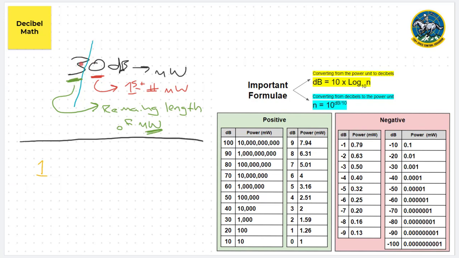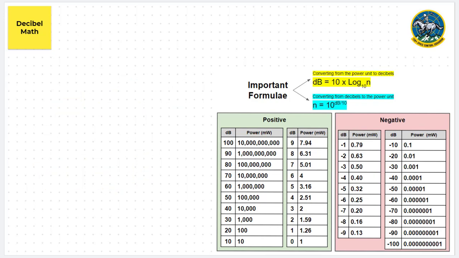I've got 3, which means I have 3 remaining numbers in my milliwatt conversion. Because this number is just 1, I have no other digits there, so I'm just going to use zeros to fill that in. That's going to give me 1,000 milliwatts. And we can see over here, if we come over to 30 dB, that 30 dB converts into 1,000 milliwatts.